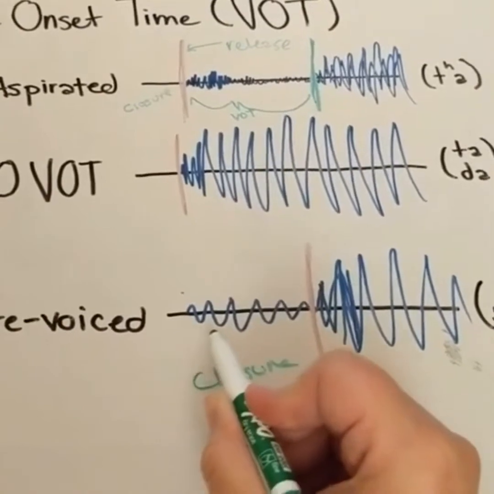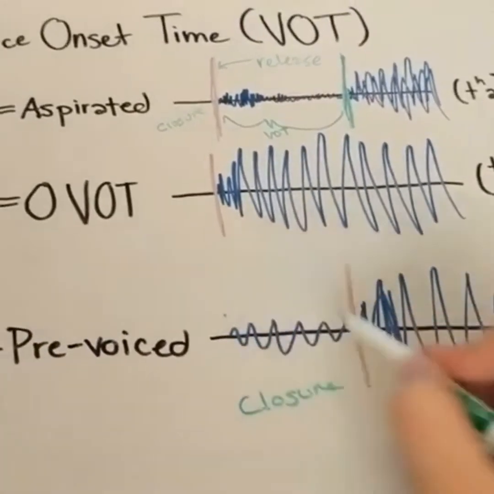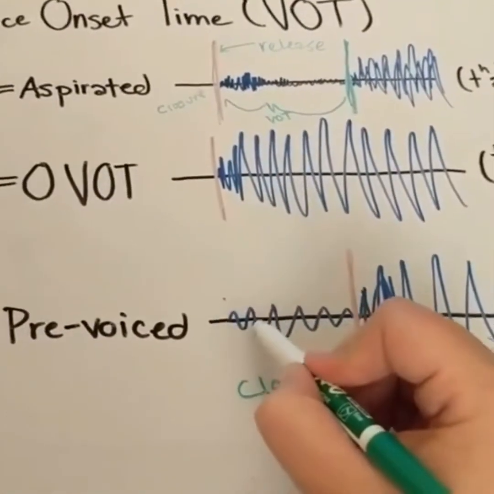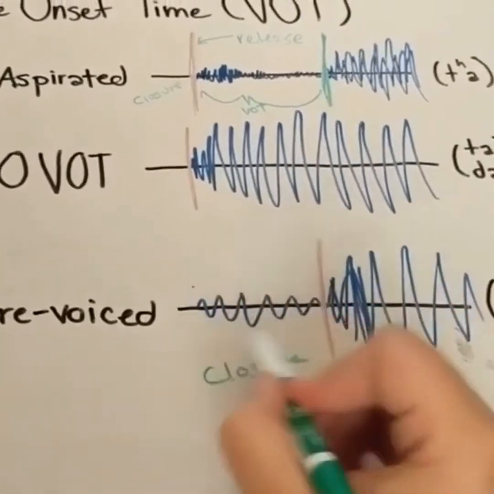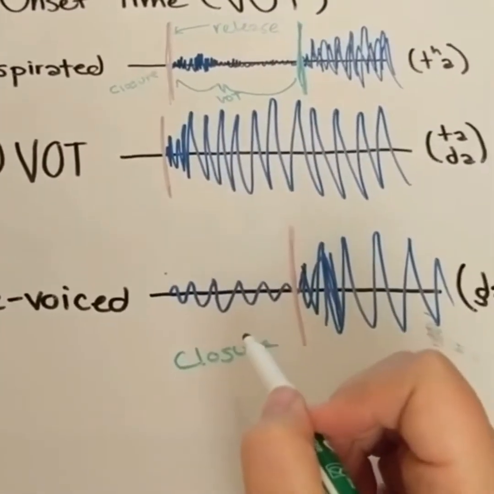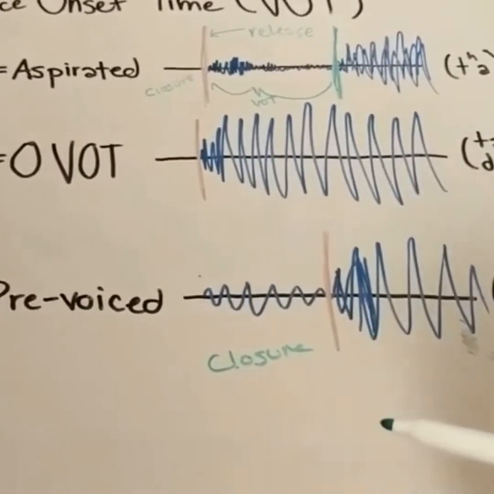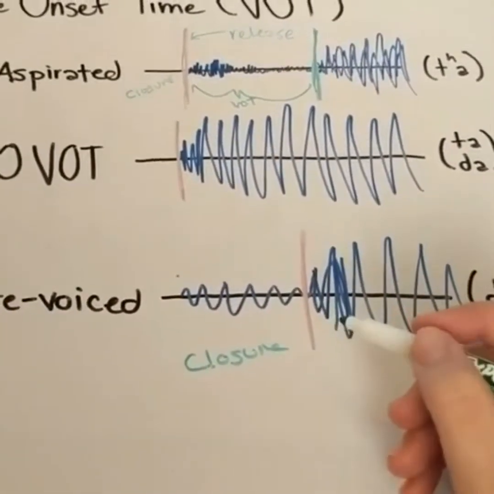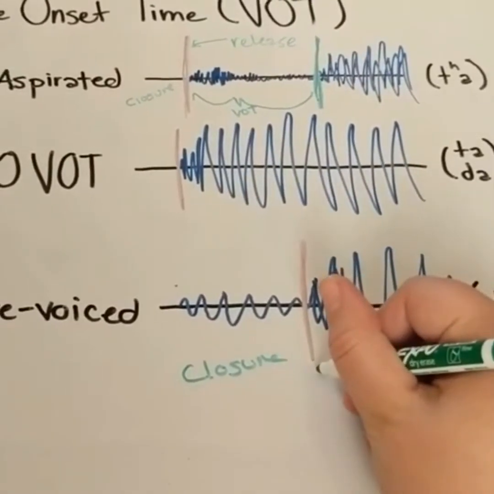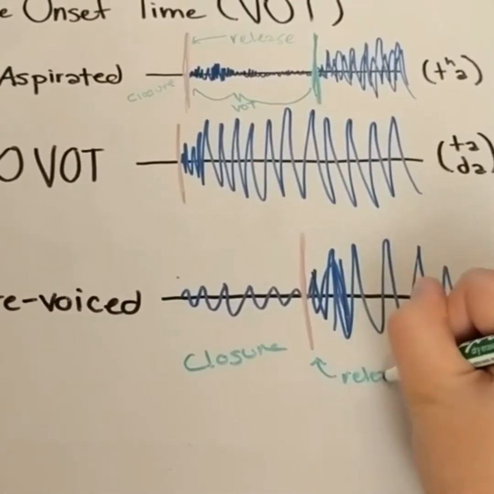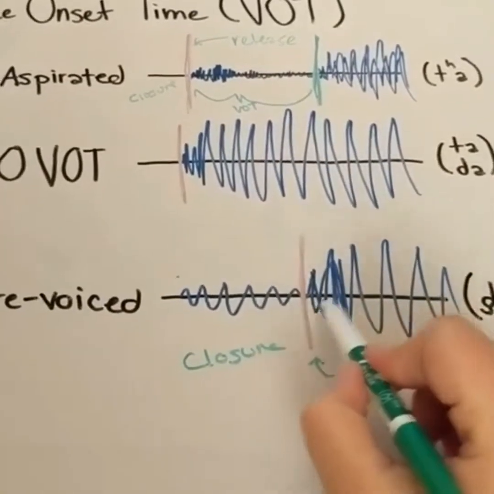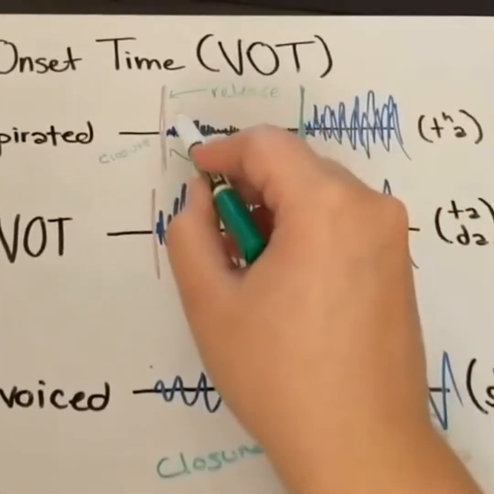In a pre-voiced sound, you have the closure, but the closure is here. And you can see it's not silent during the closure. And usually when you look at acoustic signals, you get this very wiggly single line. That's what it looks like if you're looking at the acoustic signature. And then you get the release. And right after that, there's no hissiness like we saw up here.